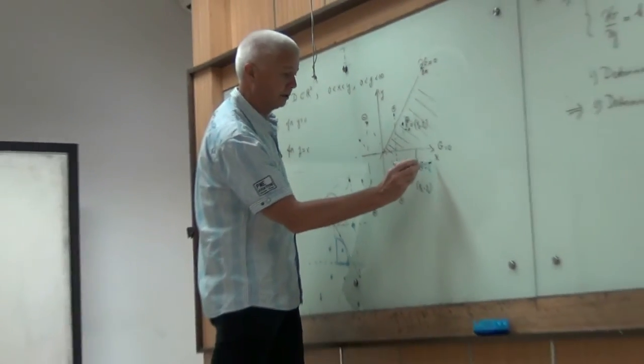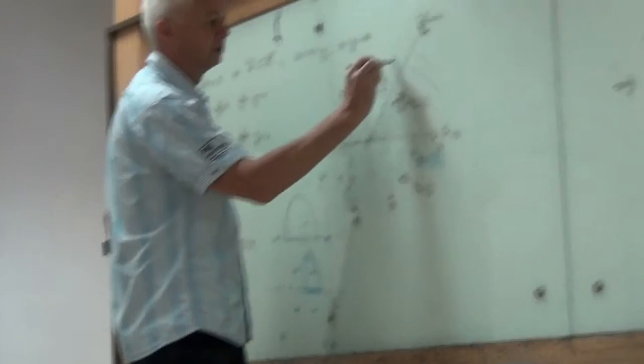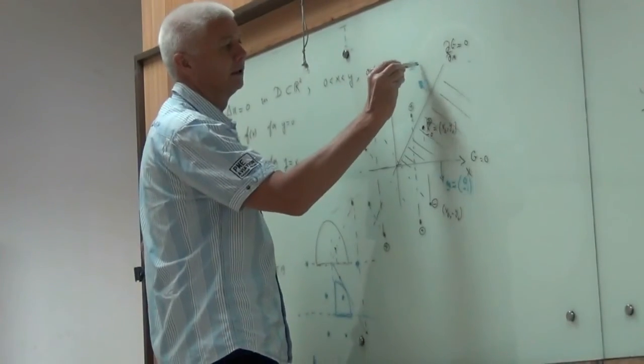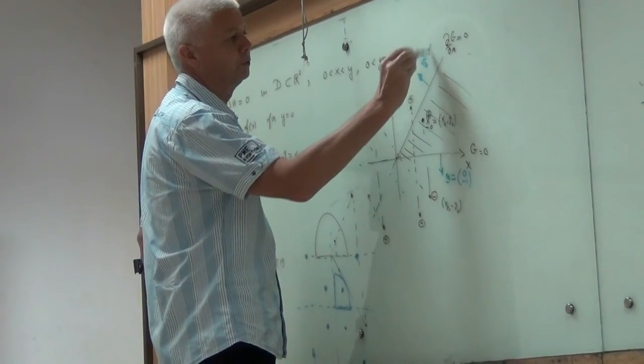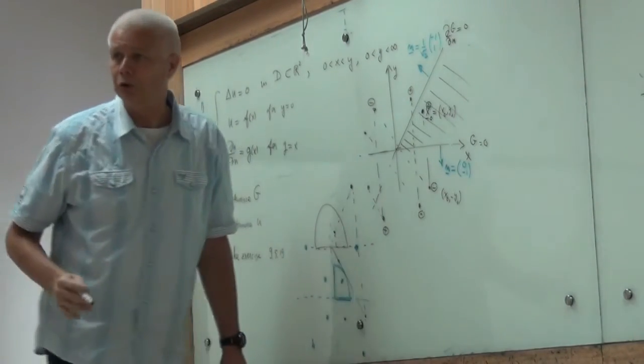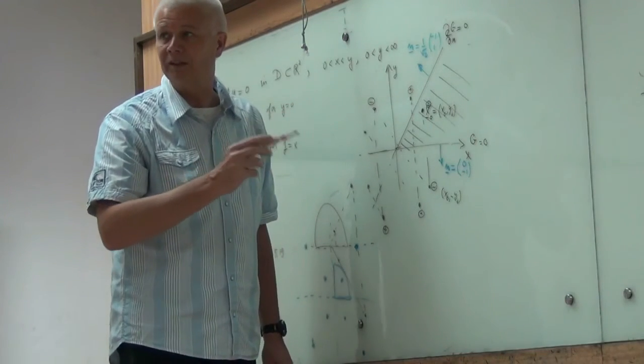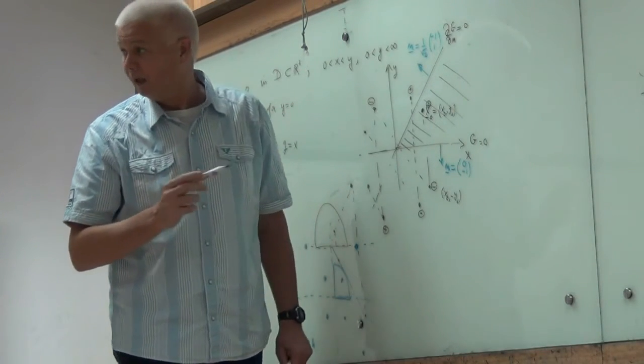But in this problem you should be aware that the outward normal vectors are this vector, the vector (0, -1), and on this line your normal vector is equal to 1 over the square root of 2 times (-1, 1). And that's the one that you use.